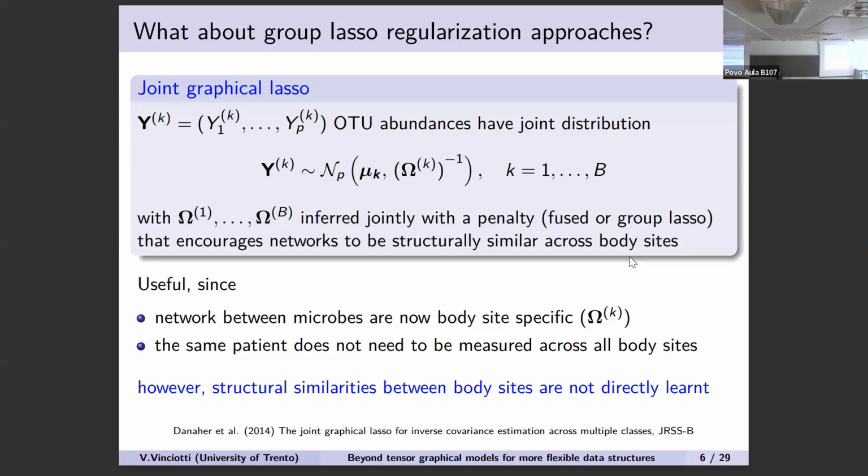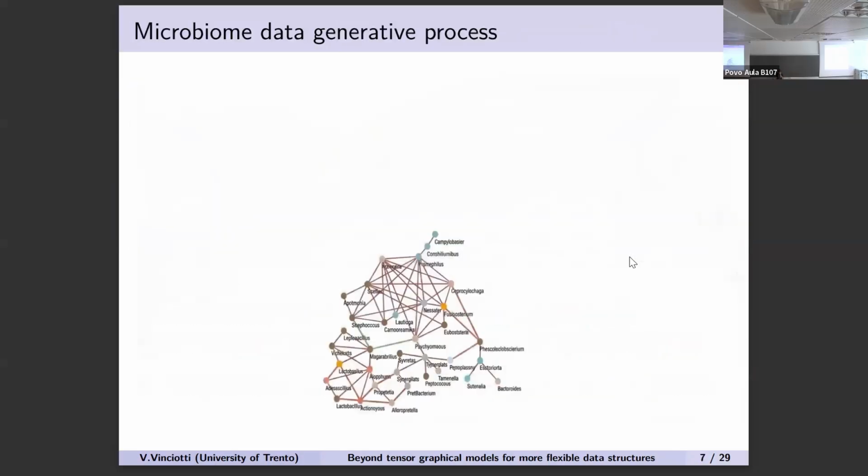Okay, so that's what leads me to the method that we developed. Let's start from the beginning. What could be the generative process behind the data? The model I'm going to show mimics this process. First of all, we have some network which we don't know and would like to recover. The nodes are the OTUs, the microbes, and there are some interactions between them that we would like to find out.